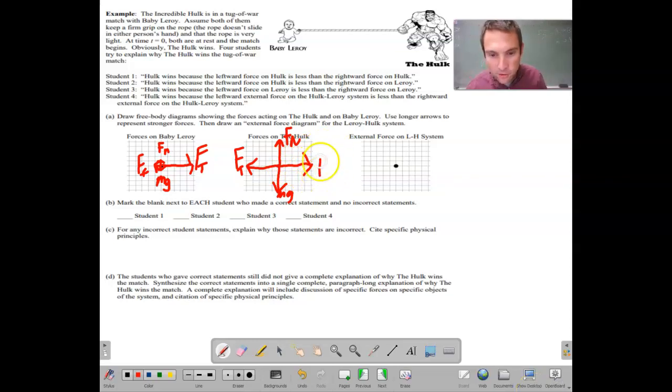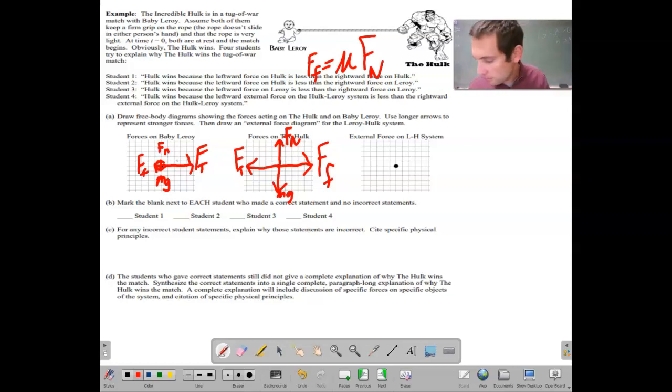We have a greater frictional force because, remember, our frictional force is basically the coefficient of friction times the normal force. And if we increase our mass, then we're increasing our normal force. If we increase the normal force, we increase the frictional force. So there we go. Everything here adds up to 0, and everything here adds up to Baby going right.